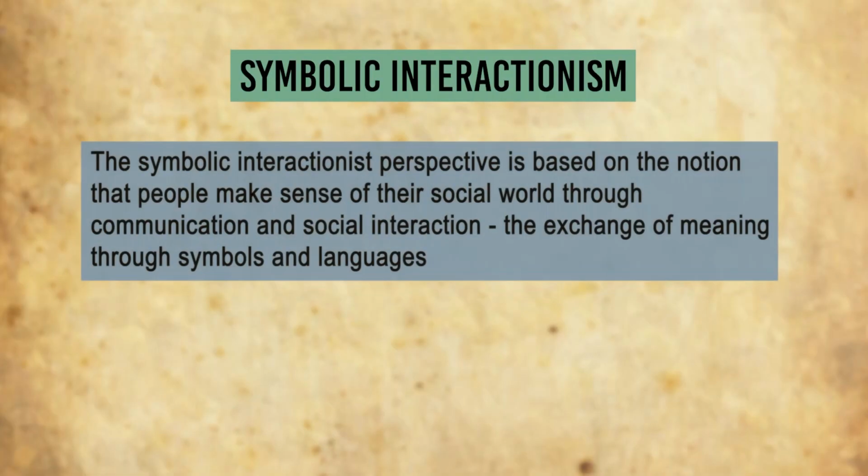The symbolic interactionist perspective is based on the notion that people make sense of their social world through communication and social interaction, the exchange of meaning through symbols and languages. When we say symbolic interaction, it includes both the symbols and the language that we take up.